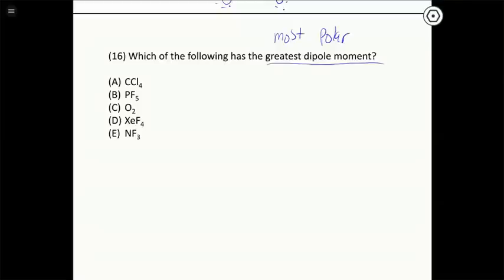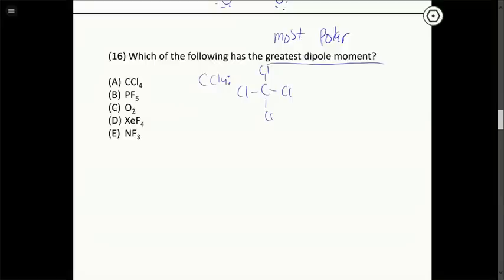So if we start with CCl4, when we draw the Lewis structure of this, we get just carbon with 4 chlorines around it, no lone pairs on the central atom. Carbon very rarely has lone pairs.